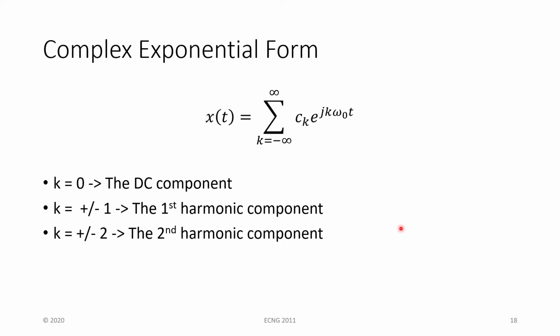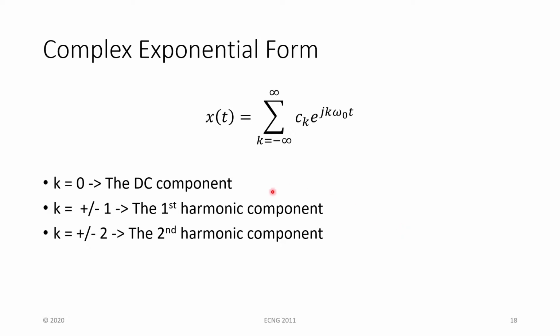But for today's lecture, we're going to be focusing on the complex exponential form, and how it can help us solve for particular characteristics of the signal with respect to its harmonics and its amplitudes.